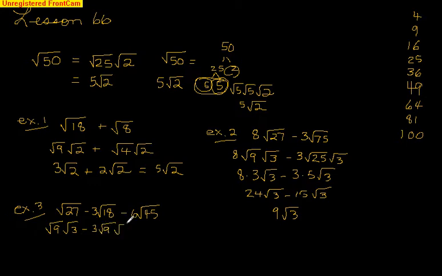I don't know how to erase. Well, let me use my eraser, I guess. Actually, I'll try putting a rectangle on top of it. And actually, I think I'll just do a new screen. And there we go.